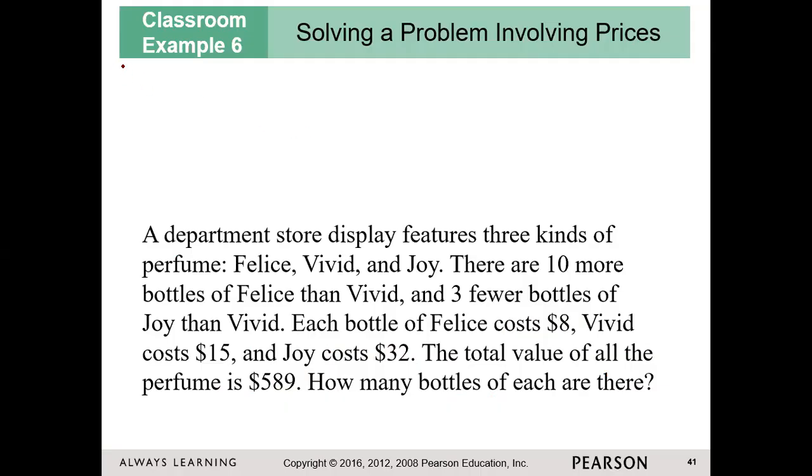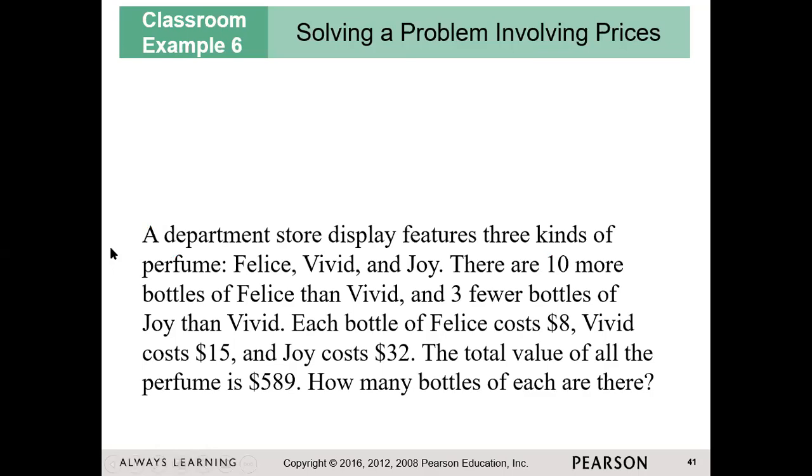Okay. So the first thing I want to do is assign some variables. So I'll set X to be the number of Felice. I don't know, it doesn't really matter. Let me read these again and think about this.